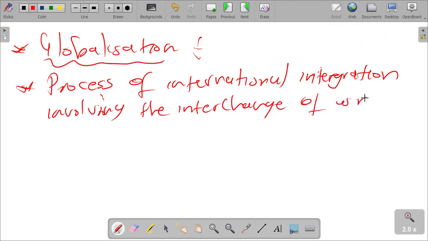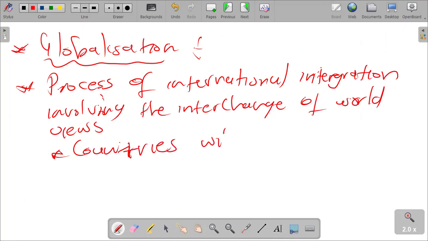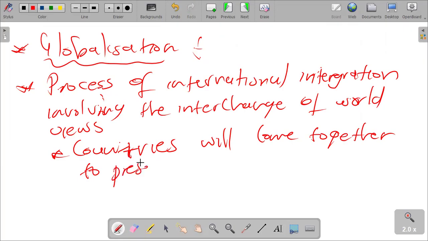of world views. So what happens is that countries will come together to present their ideas to the world.